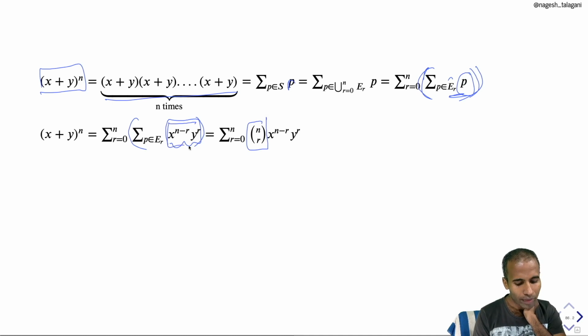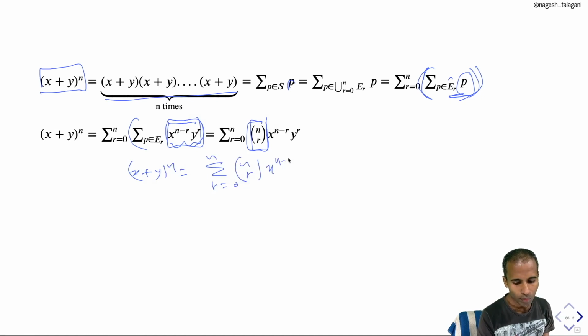So we are adding the same thing how many times? The number of elements in E_r times, which is n choose r. So that's why we have the binomial theorem: (x plus y) to the power of n equals the summation r equals 0 to n of n choose r times x to the power of n minus r times y to the power of r.